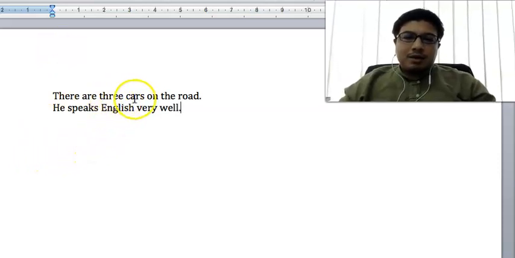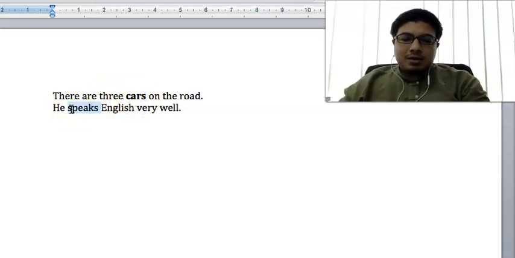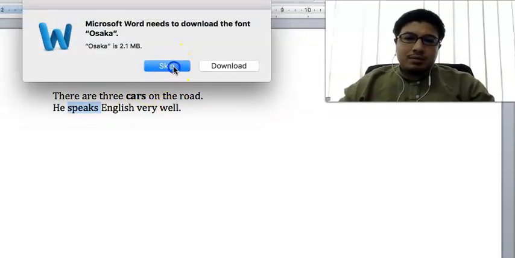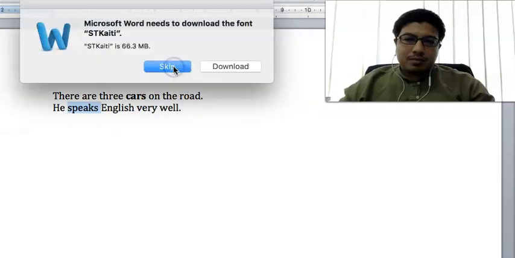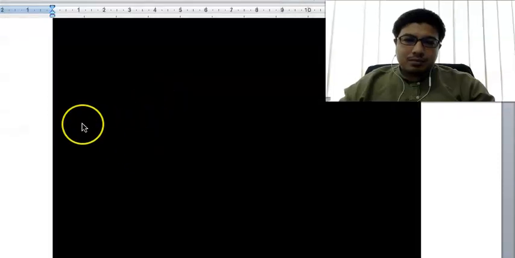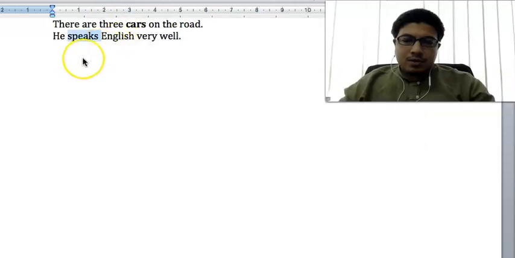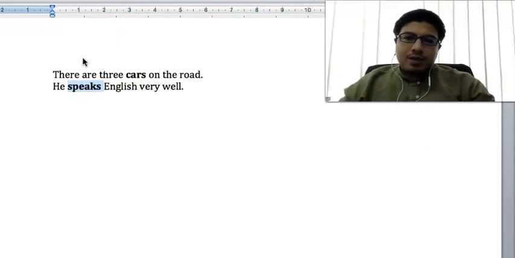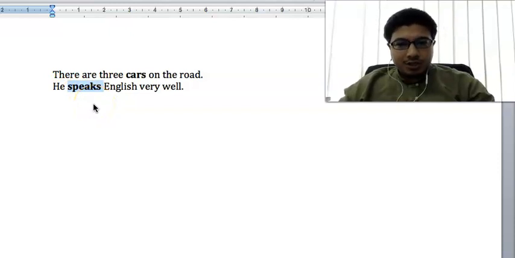So 3 cars, I have an s here because there are 3 cars. I have an s here because he is one person. So you have to differentiate.